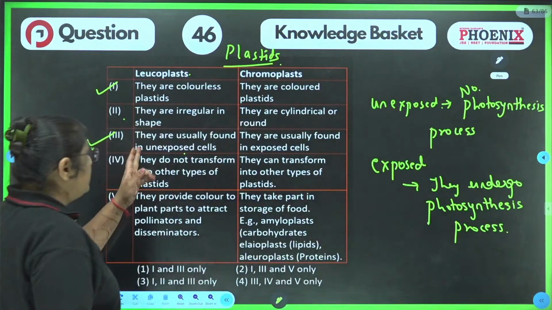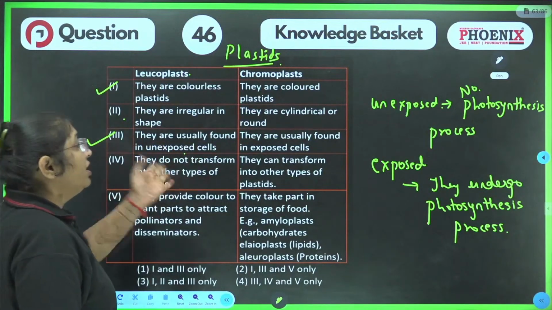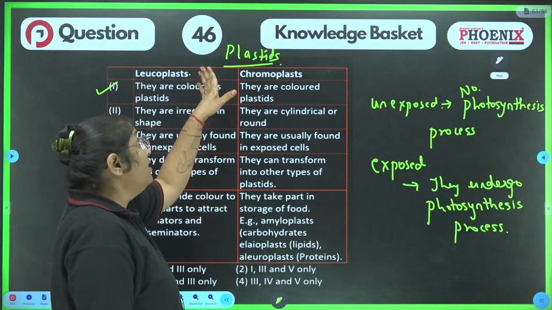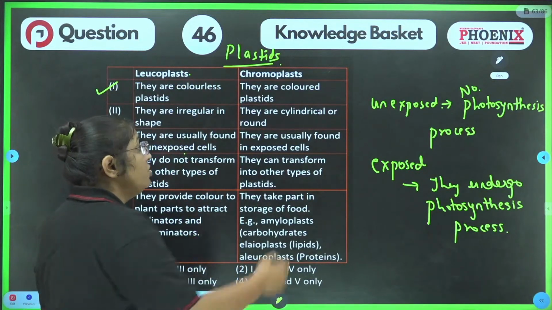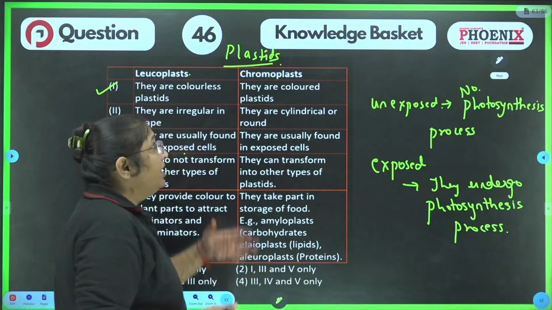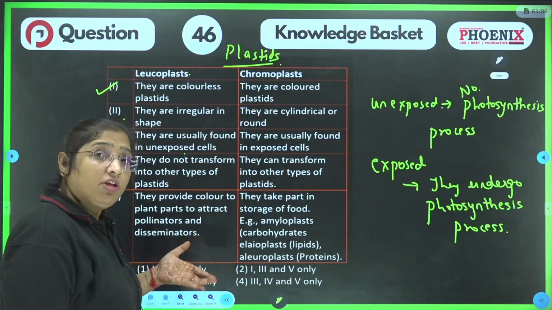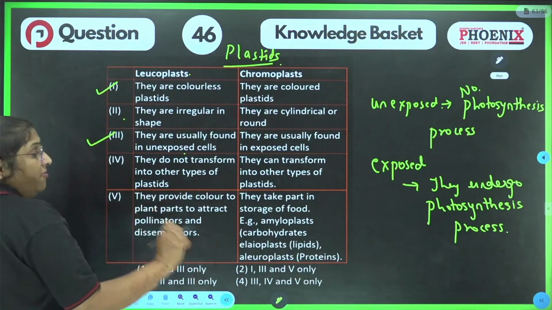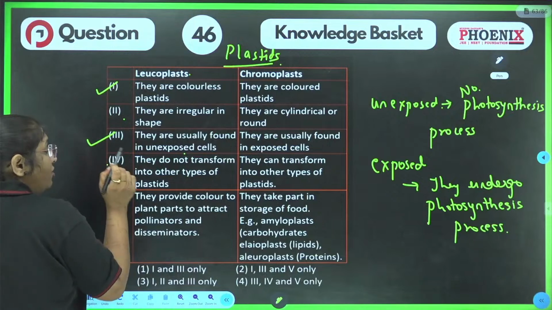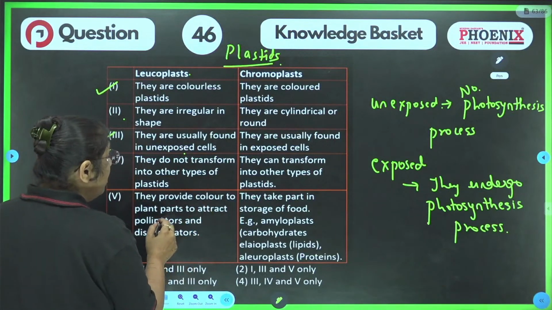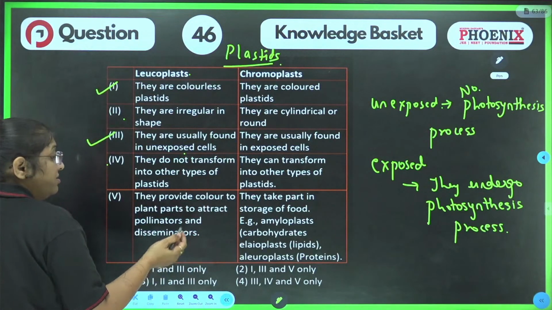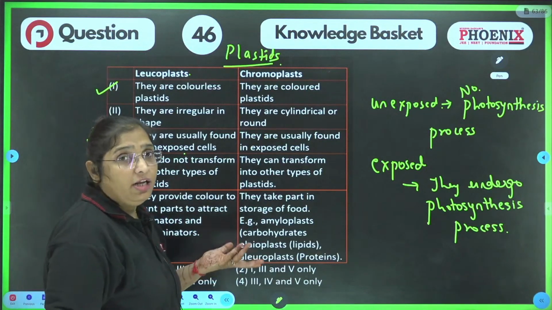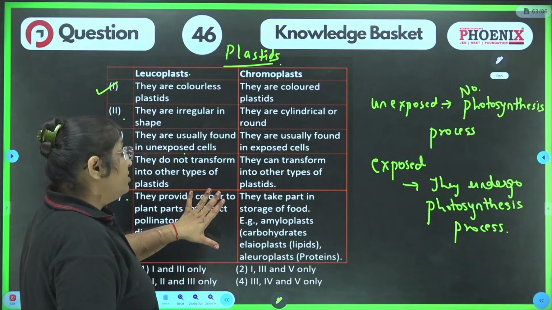So yes, leucoplasts are found in unexposed cells. They don't need to perform photosynthesis as their function is storage. They are usually found in exposed cells. Yes, because chloroplast is one of them and chloroplast helps in photosynthesis. They do not transform into other types of plastid. This is also false. They provide color to plant parts to attract pollinators and disseminators. This is also false, because there are no colors in it, so it definitely will not attract.